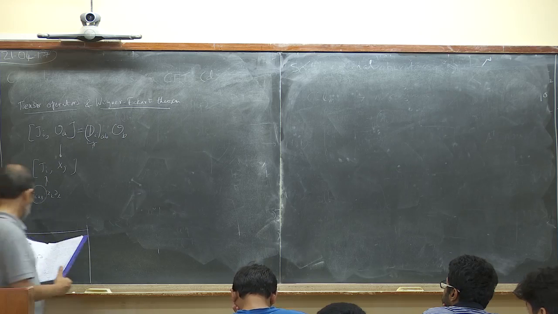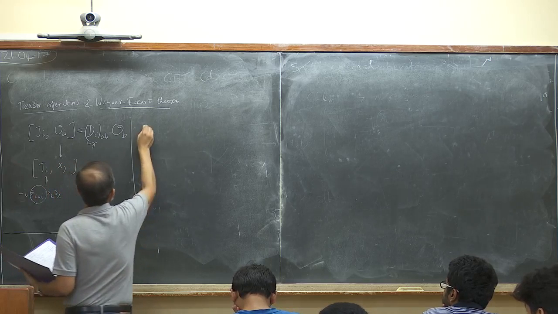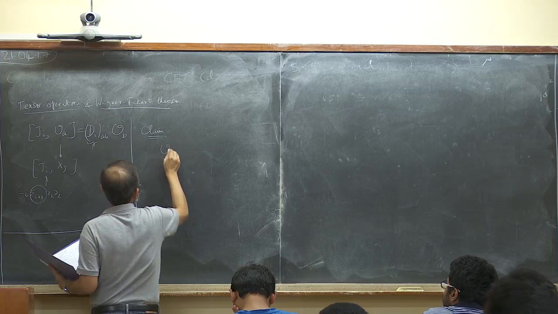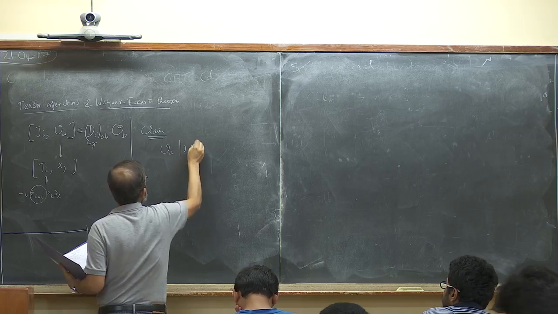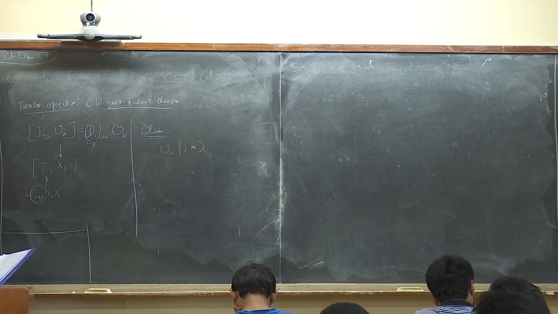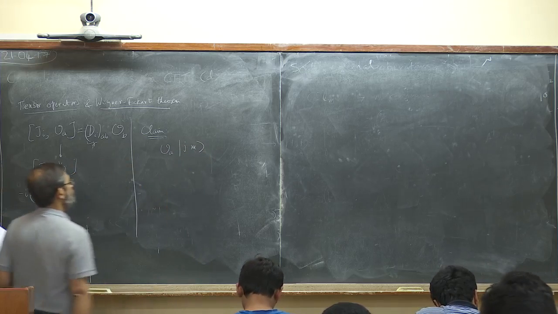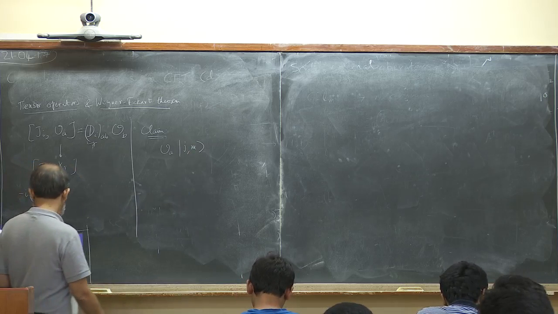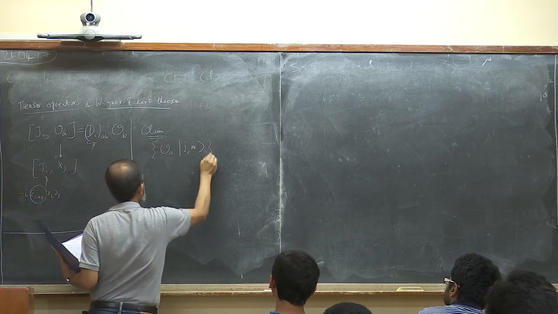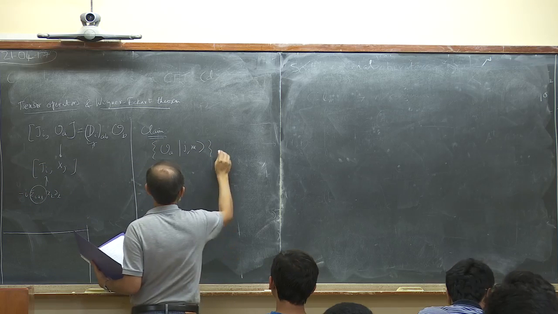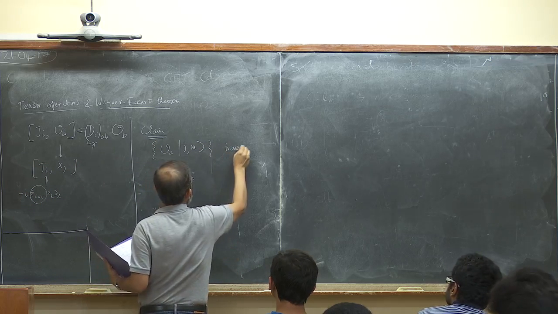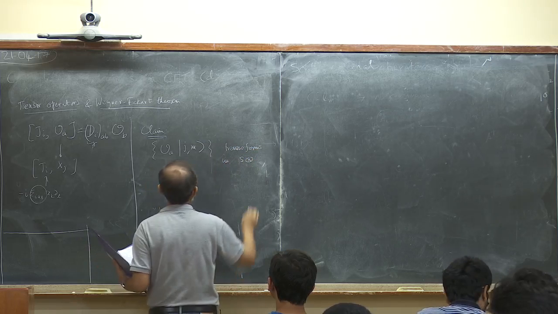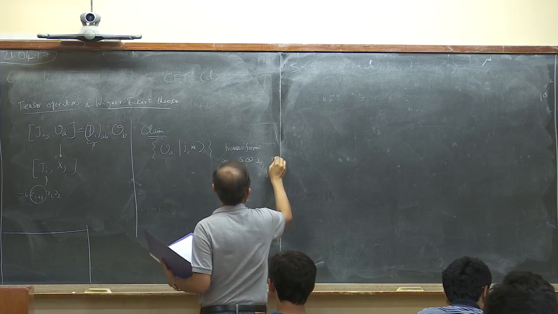One important statement is the following claim. The claim is that O_A acting on a |J M> state, we have already used this notation, so everybody knows what that is, this object transforms in the spin S cross spin J representation.